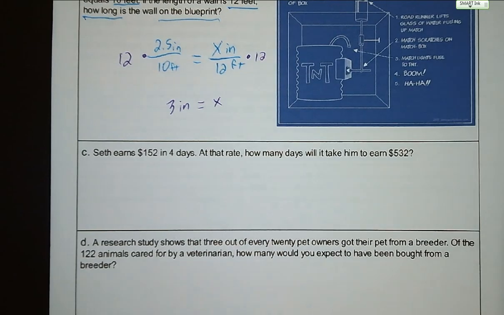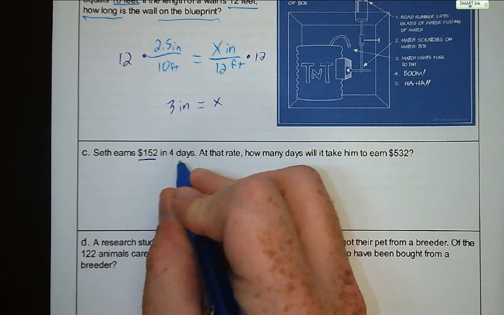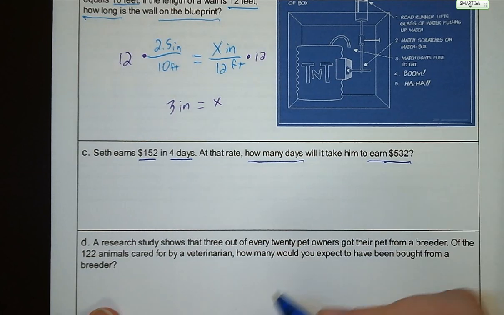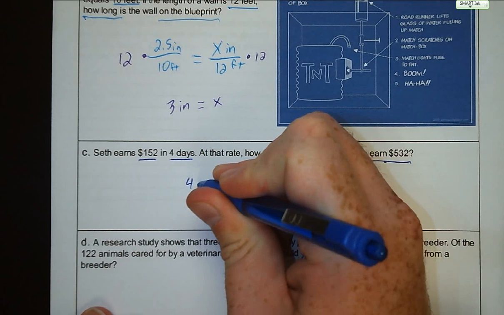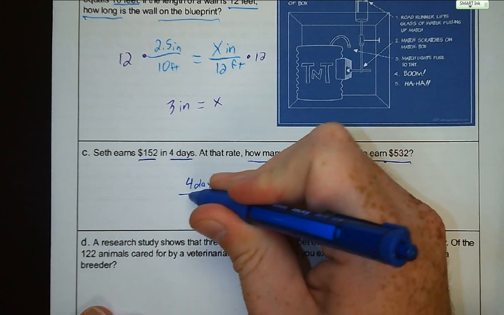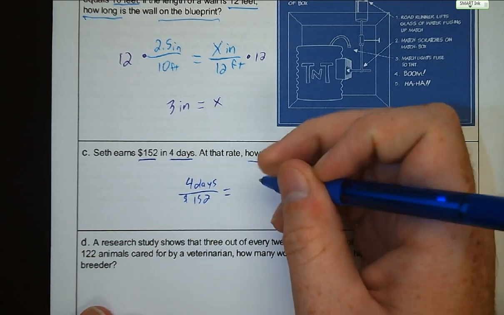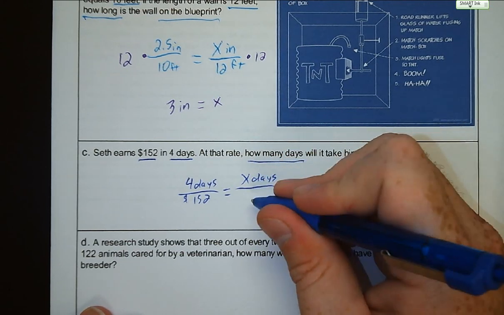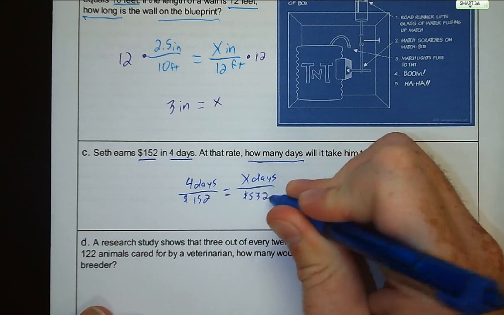Problem C. Seth earns $152 in 4 days, and we want to know at that rate how many days will it take him to earn $532. So we have $152, 4 days. How many days earn $532? So I'm going to set that up. 4 days over $152 is equal to x days over $532.